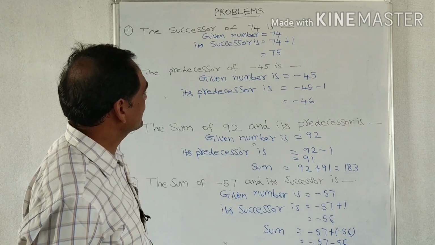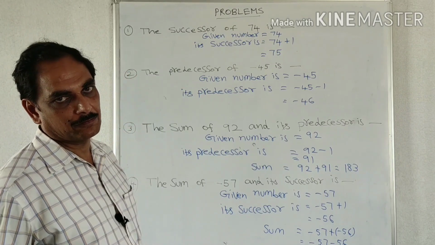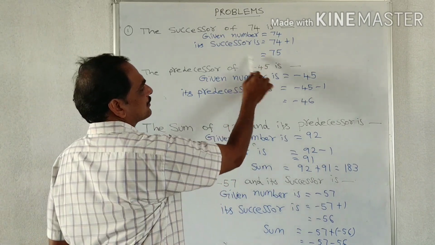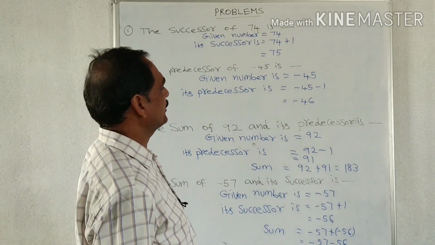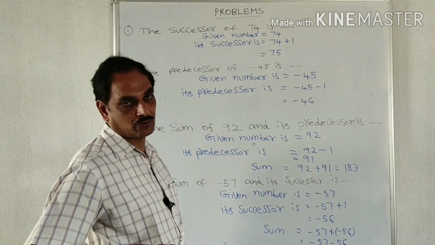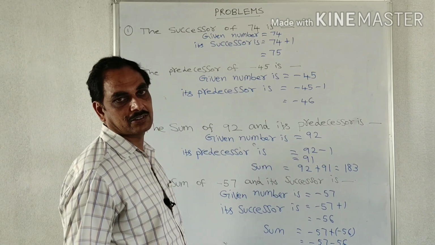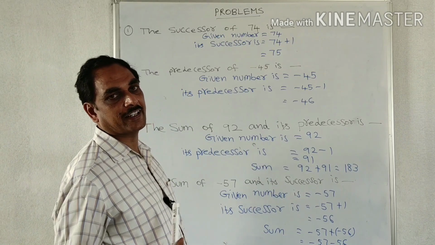The second is the predecessor of minus 45. Here the number is an integer. Minus 45 is an integer. Now we are going to find its predecessor. What do we mean by predecessor? A predecessor is the number just before a number.